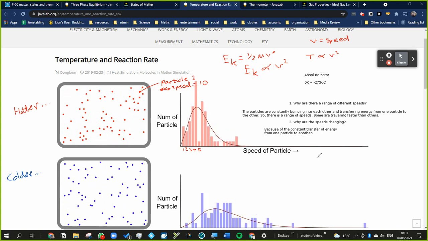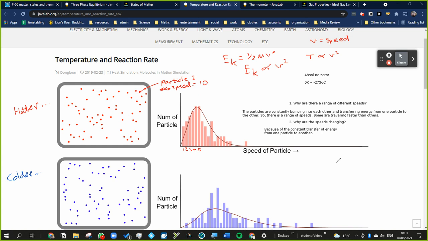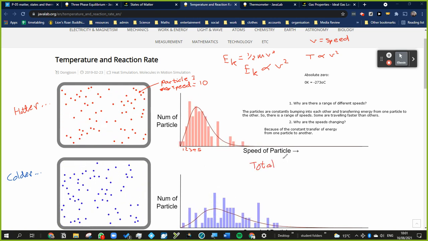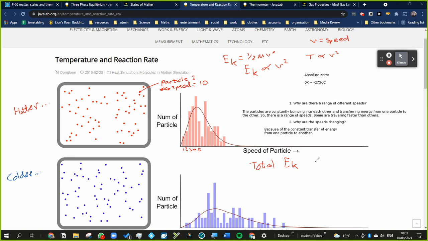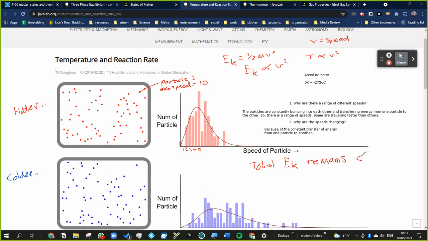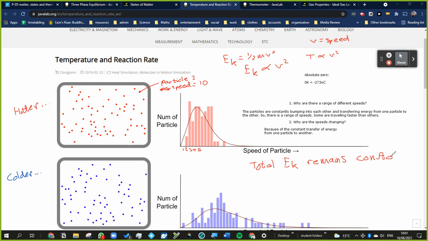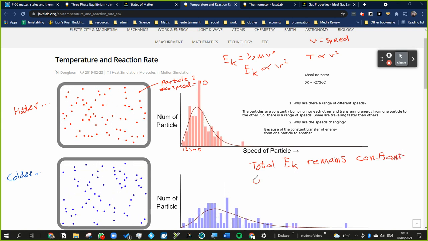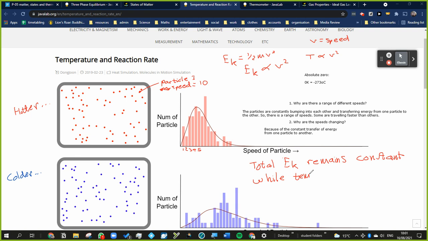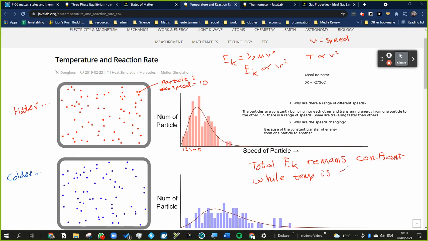Okay, and how does it change? Well, first of all, the total kinetic energy remains constant while the temperature is constant.